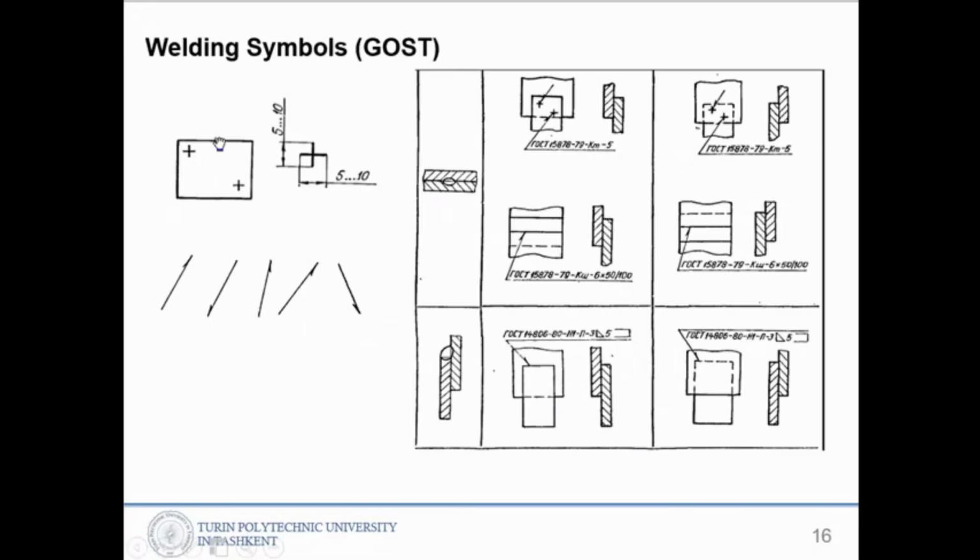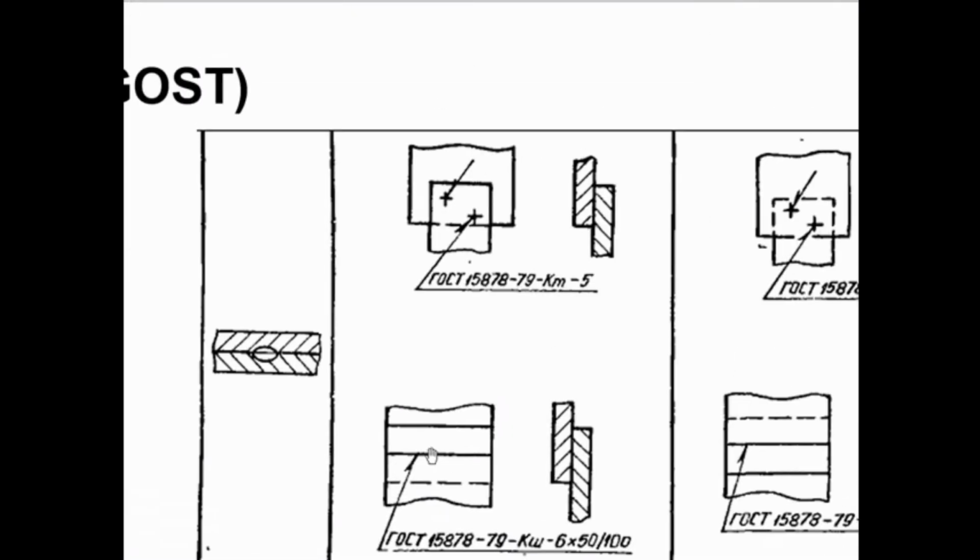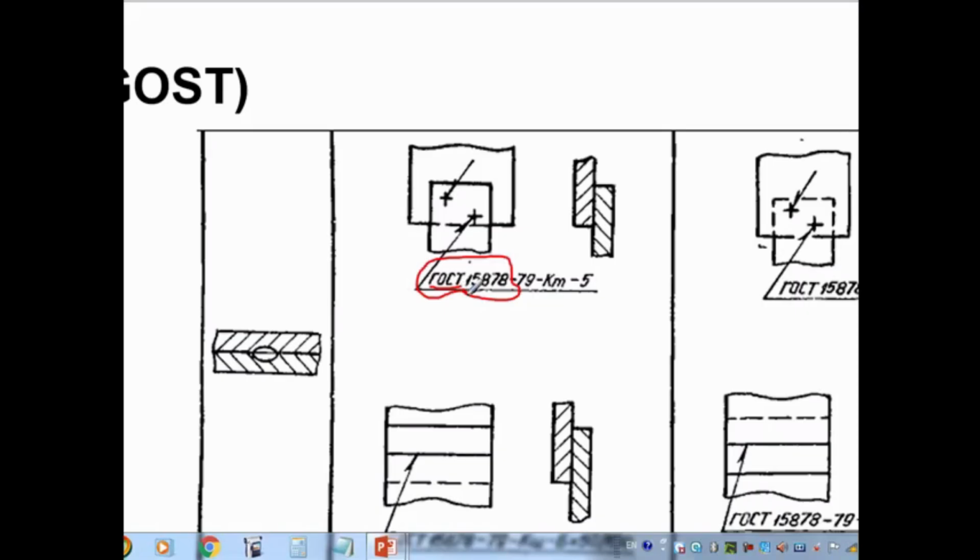Okay, so in GOST we have a tag, a label, with the words GOST, then a number, which represents that this is a standard.